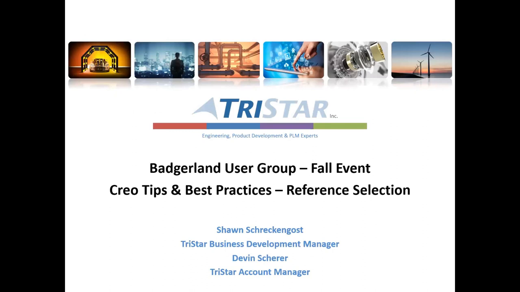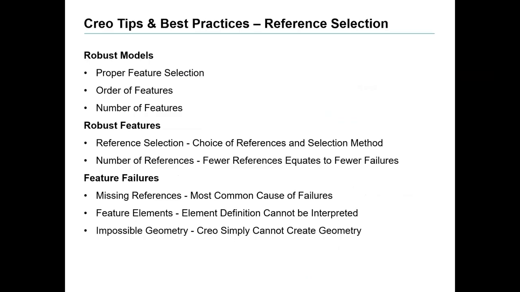So for today, I'm going to present to you the very first in the series, which is dealing with reference selection. And so when we think about the things that we do in Creo, reference selection is probably one of the most important things to understand how Creo works and how to reference things properly.